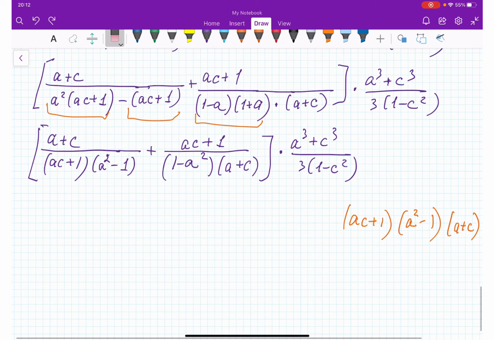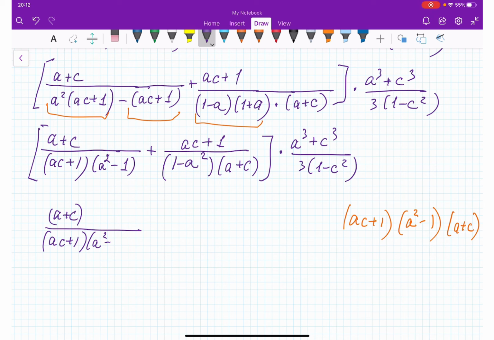Okay, because I have to change the sign for 1 minus a squared, so, all right. We have a plus c. We have ac plus 1, a squared minus 1, and for the common denominator we are missing what? A plus c, right? A plus c, and here also a plus c.